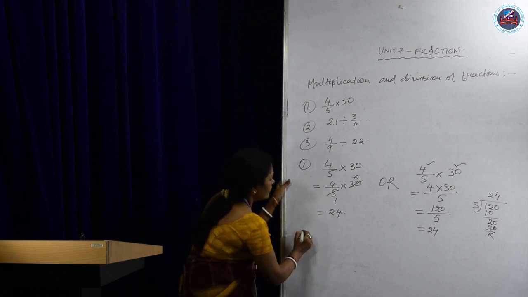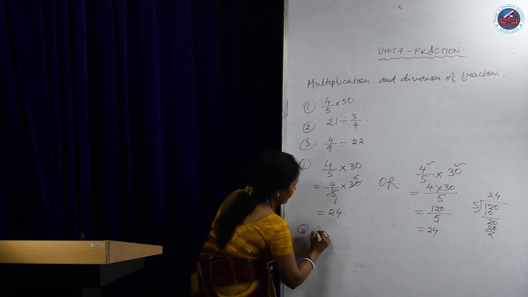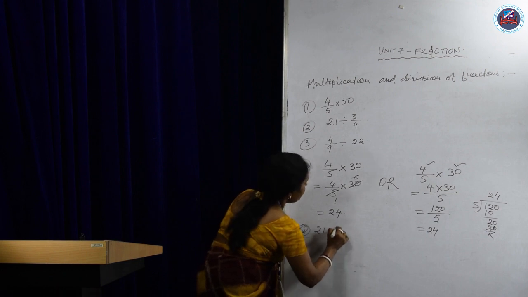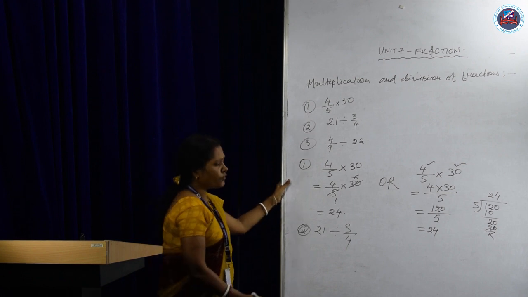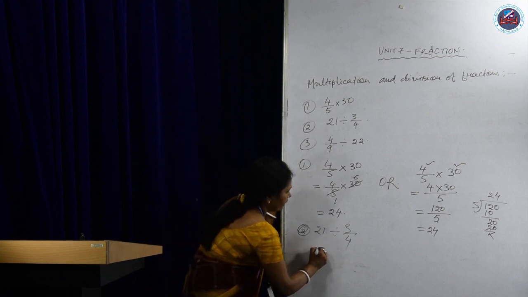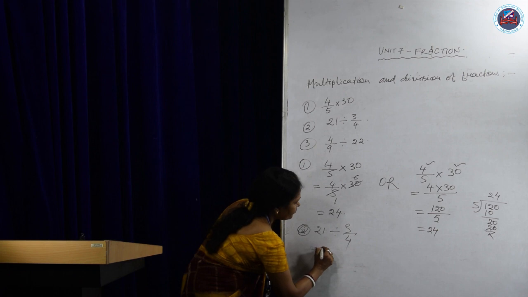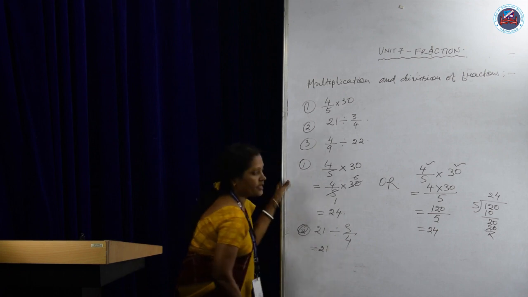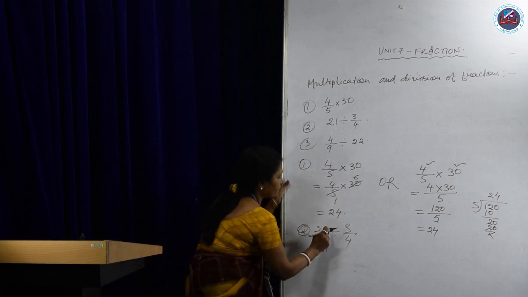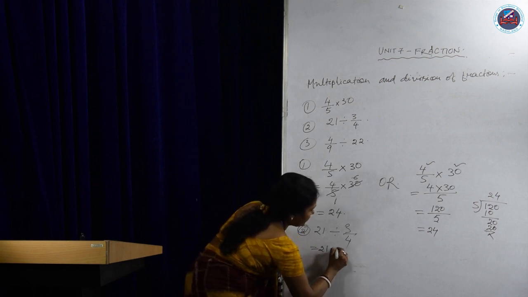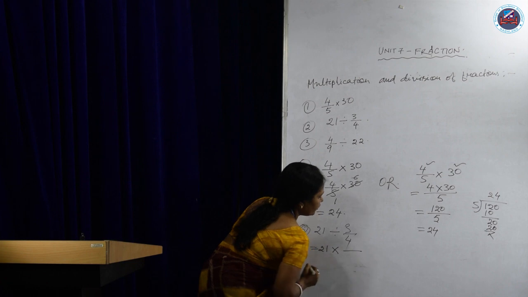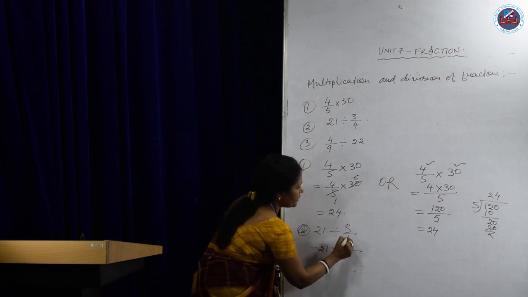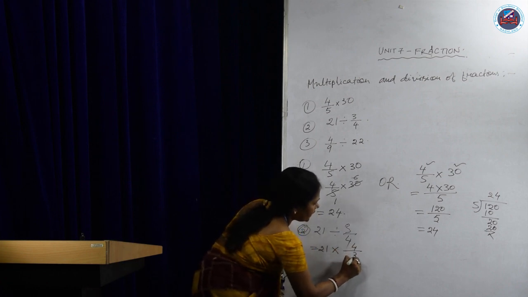Next is number 2. You have to divide 21 by 3 by 4. The rule of division: the first fraction or number remains the same. The divide will turn into multiplication, and the second fraction will be upside down. That means 3 by 4 will be 4 by 3.